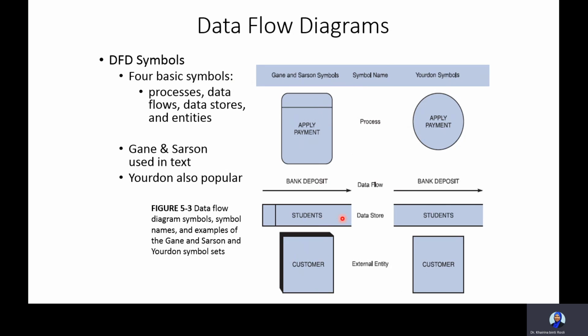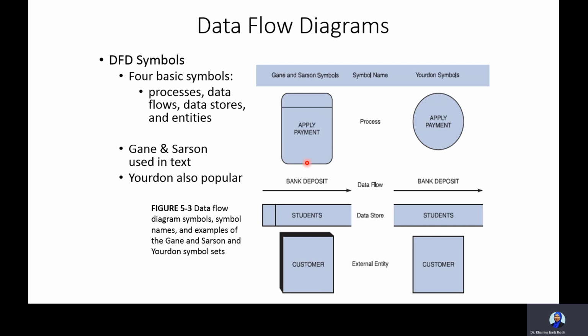So the process symbol, if you choose Gane and Sarson, is represented by a rectangle that has a curve at the corner of the rectangle. So it's sort of like a circle and a rectangle.